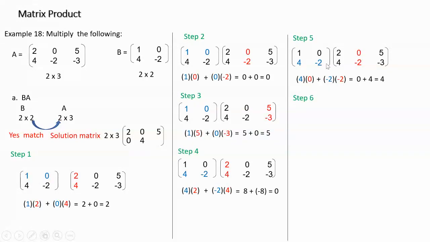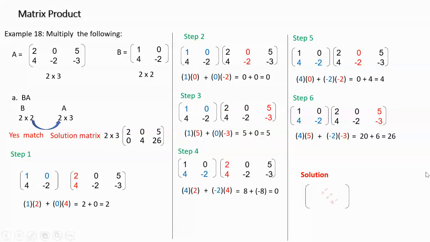Finally, step 6, we're going to multiply the second row again times the third column. So 4 times 5 is 20. Negative 2 times negative 3 will give us positive 6. So 20 plus 6 will give us 26. So this is my solution. That's your matrix.